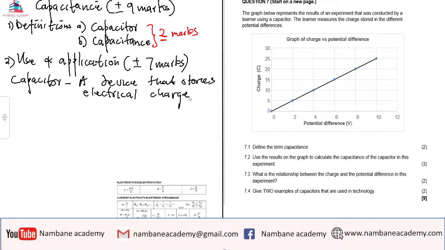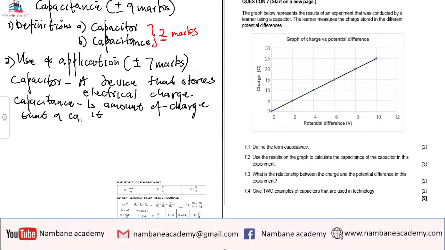Then capacitance: the only difference between the two is that the capacitance of a capacitor is the amount of charge that a capacitor can store per volt.